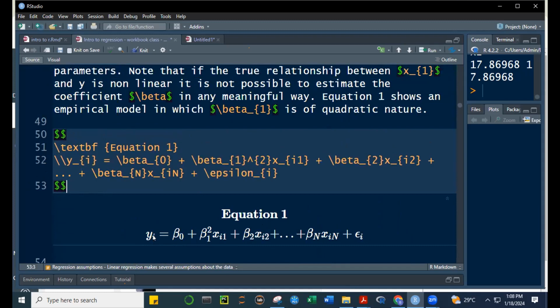Okay, so this is the equation. And take note, class, your beta 1, so this is your subscript. And then, ito naman yung superscript. Okay, so this beta 1 squared. All right? So what does this mean?